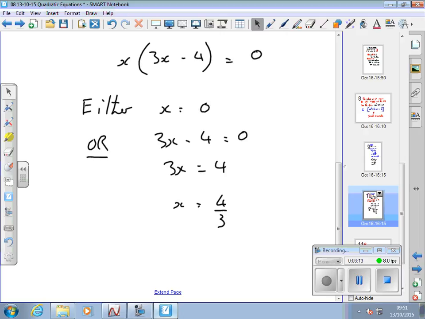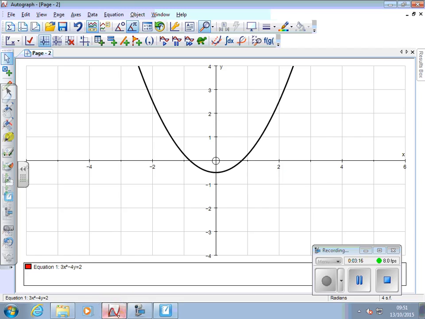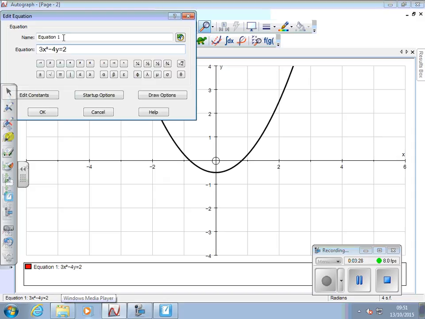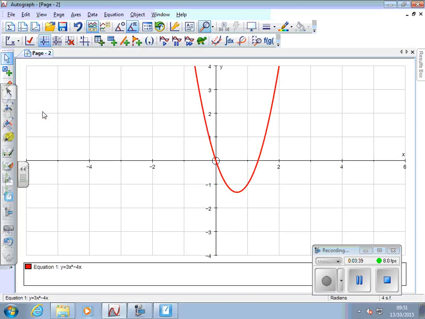And if we look back at this and make c equal to 0, so if I put y equals 3x squared minus 4x, which is what we had, we see that the curve always goes through 0, because if you think about it, if x is 0, looking at that equation, y is going to be 0, always. So it's always going to cut through the origin.